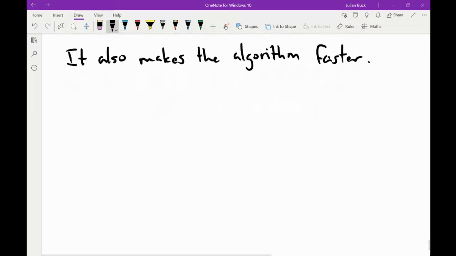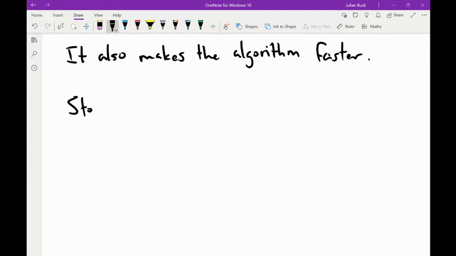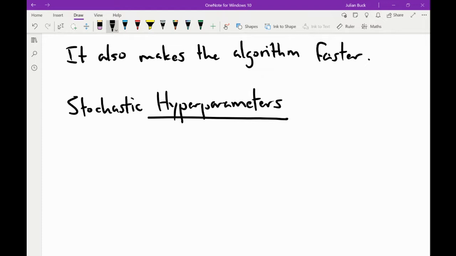Okay, so what are the stochastic hyperparameters? The idea is we have all the same parameters as before, so we haven't lost anything from the gradient boosting algorithm. We want to introduce hyperparameters now that will induce the randomness that we're describing in some way or another.